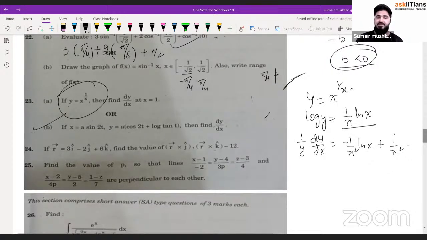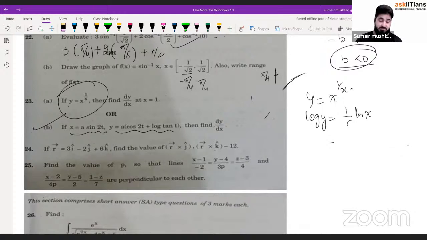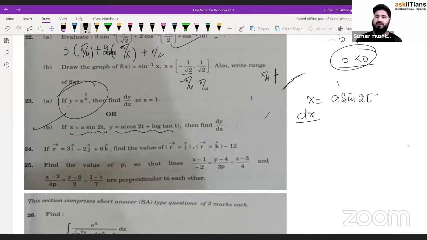Now, next question, parametric form, isn't it? So how to do the questions of the parametric form? Come on, tell me, guys. Tell me how to do the question of the parametric form. It is given as x is equal to a sine 2t. Then you need to find dx by dt, isn't it? Find it out.